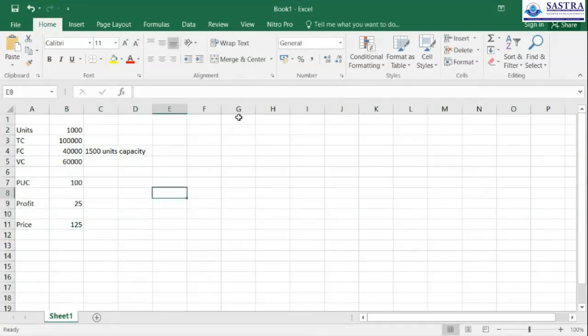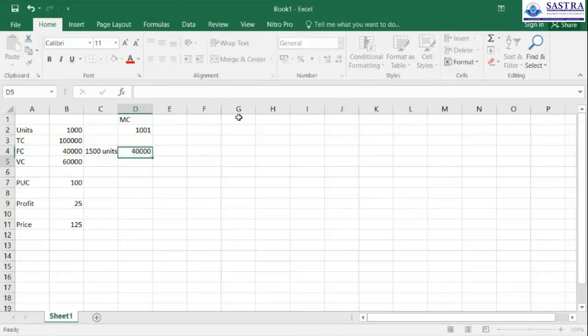So the marginal cost is decided by the cost incurred for producing one more unit. In that case, the fixed cost remains constant, since you have manufactured only 1,000 units and now you are going to manufacture 1,001 units. There is no change in the fixed cost.